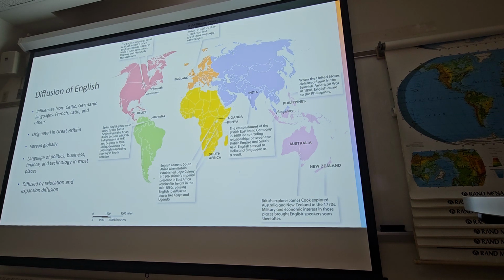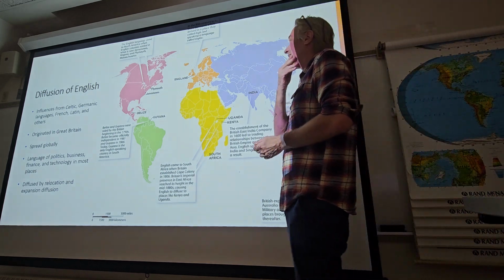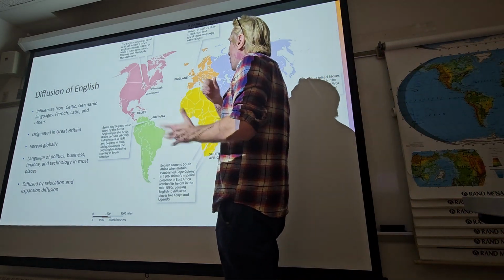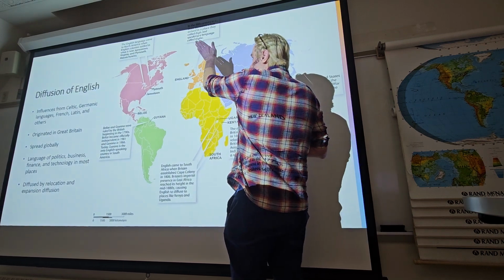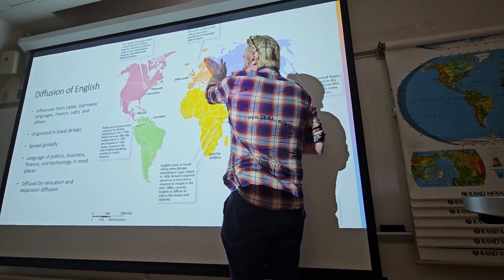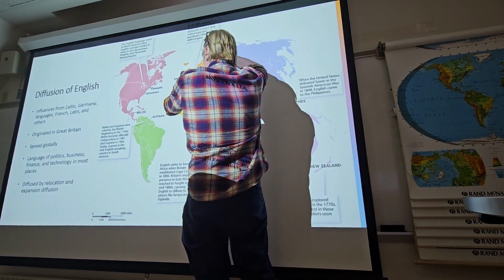Diffusion of English. Again, there was a big empire, the British Empire, that spread around everywhere. English itself is a bit of an unusual language, because you have Romance languages in general in Southern Europe, and Germanic languages in general in Northern Europe. And through time, Britain was taken over by these different places over and over.